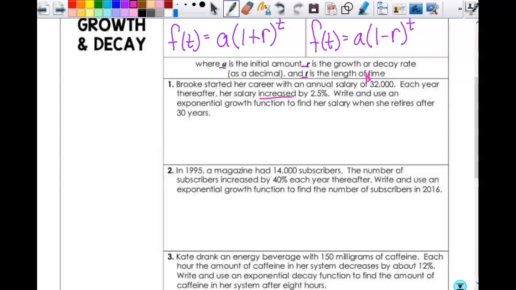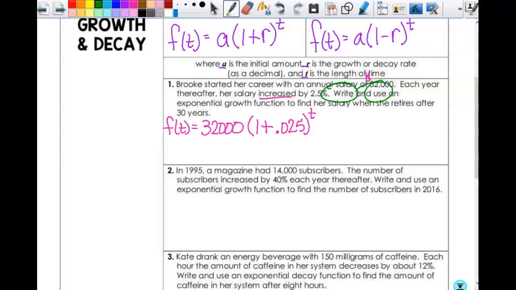So this is going to be f(t) equals her initial salary, $32,000, times 1 plus, what's the rate? 0.025, good, to the t power. That's what has to be written first, because look at what the question says: write and use a formula.